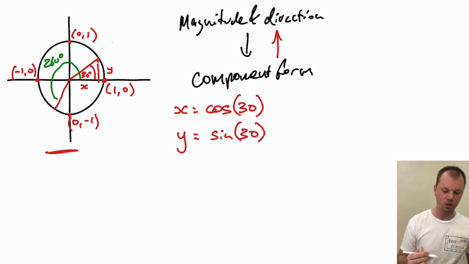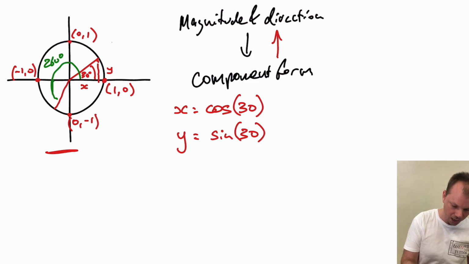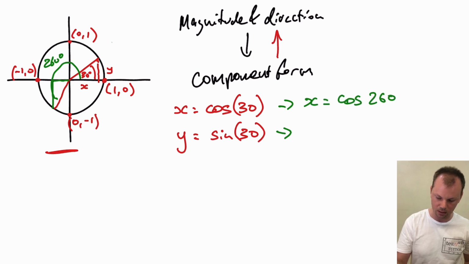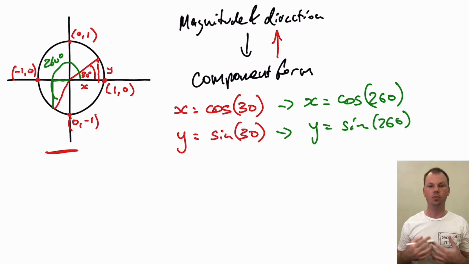Let's do one that's not an exact value. If I want to know what my y position and my x position are, again, I'm doing the same way. X equals cos 260, y equals sine 260, and it's going to output what my x and y values are.